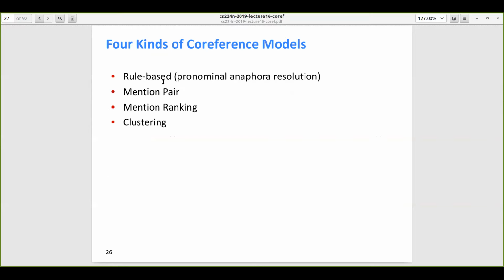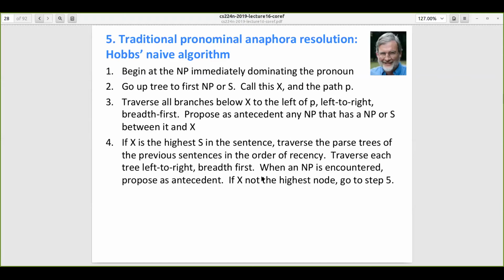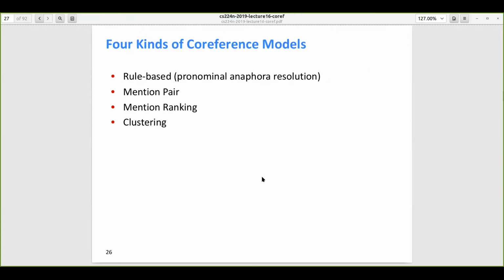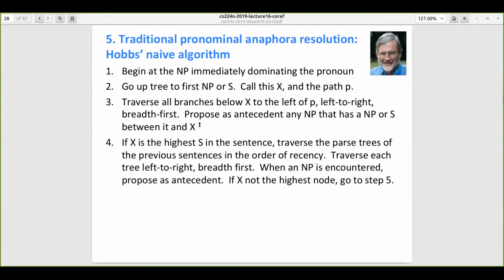These are the four kinds of coreference models that we have. One is rule-based, the other one is mention pair. Then we have mention ranking and clustering. When it comes to the rule-based approach, there is something called the Hobbs algorithm.